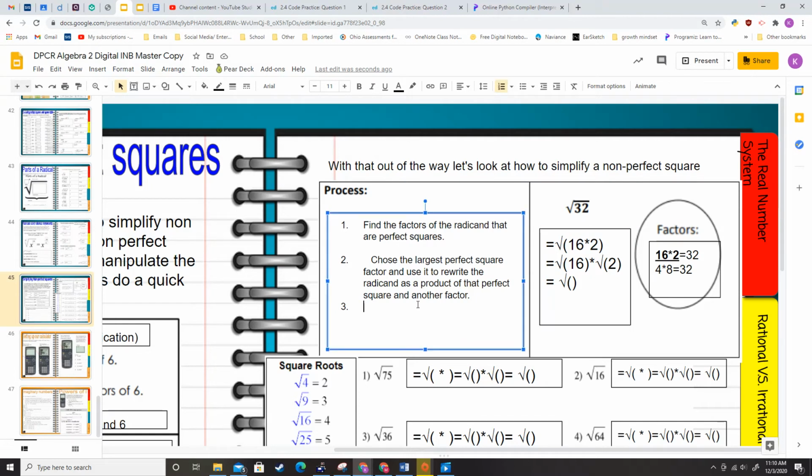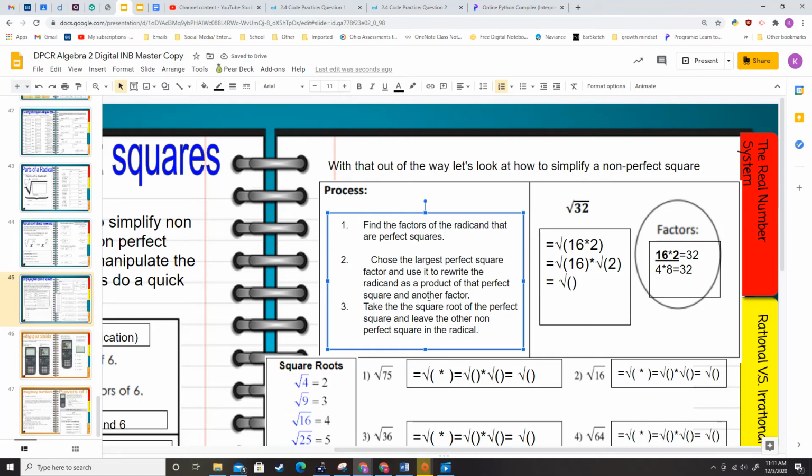Now that I'm here, what I'm going to do is my very last step. I am going to take the square root of the perfect square and leave the other non-perfect square in the radical.